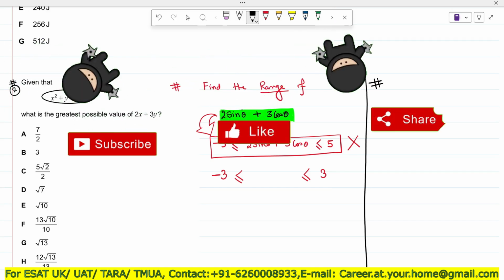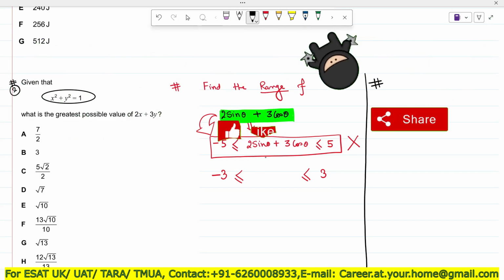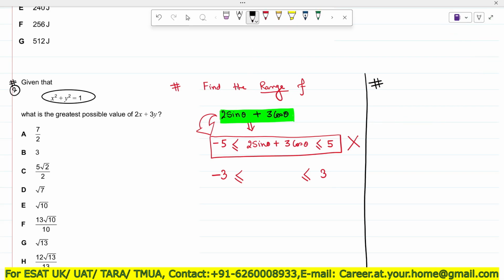Now see when this result will be applicable. Here it is sine theta and here it is cos theta, right? There is also a rule: sine square theta plus cos square theta is equal to 1, isn't it? This is the condition, equivalently.